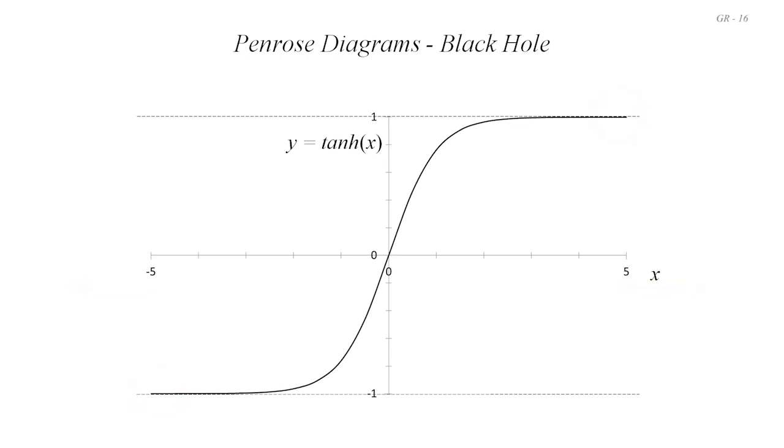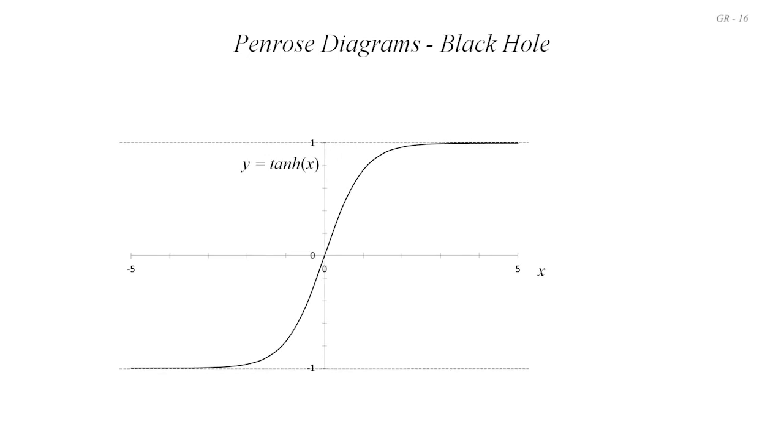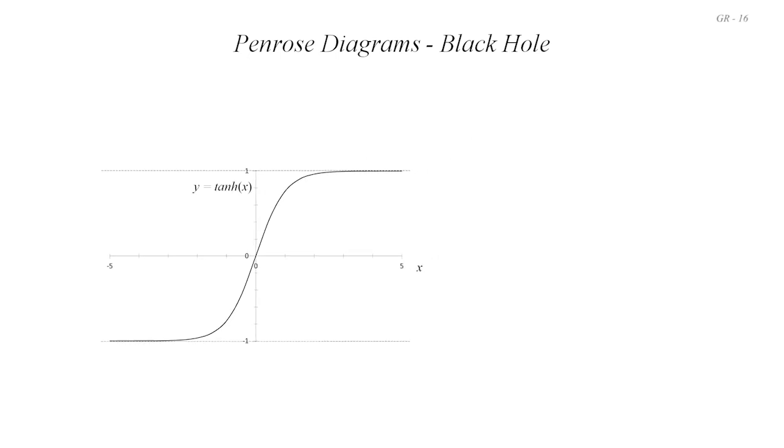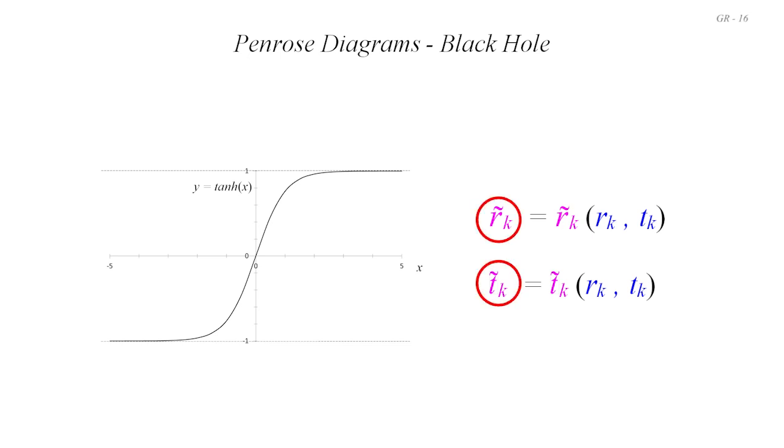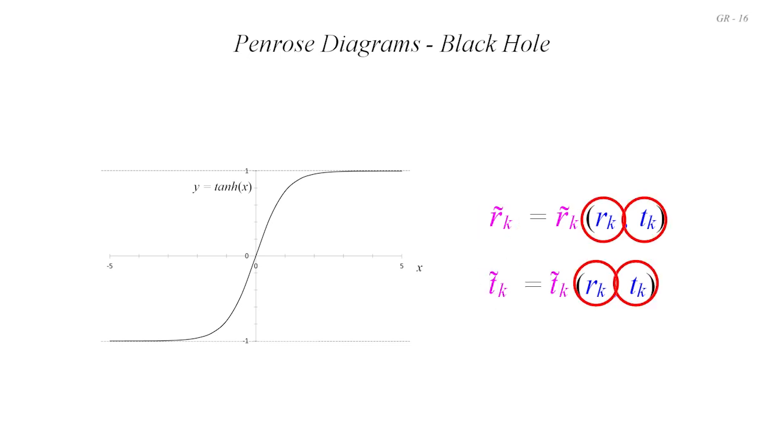If we were then to use this kind of function to change our Kruskal coordinates from the blue RK and TK to some new variable, say RK tilde and TK tilde, it would mean that they would always have finite values, even when the original coordinates were to get extremely large.